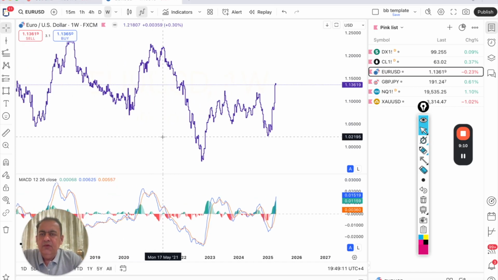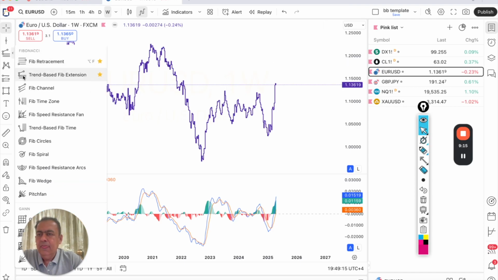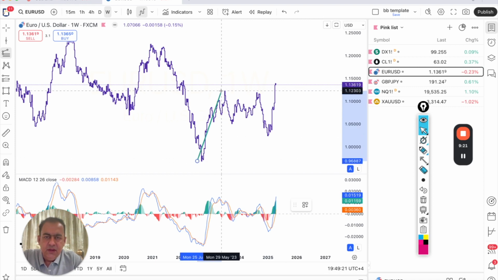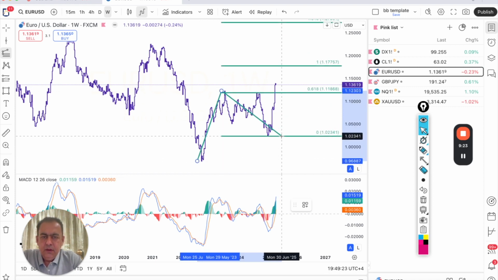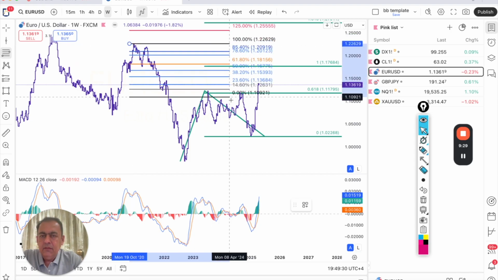And in terms of weekly time frame here, first thing is I'm going to mark first extension bullish, starting from the lowest point, connecting with B and point C, and I'm going to use retracement on the previous leg down.